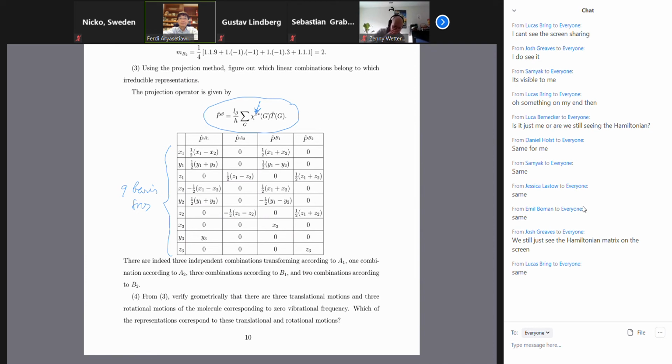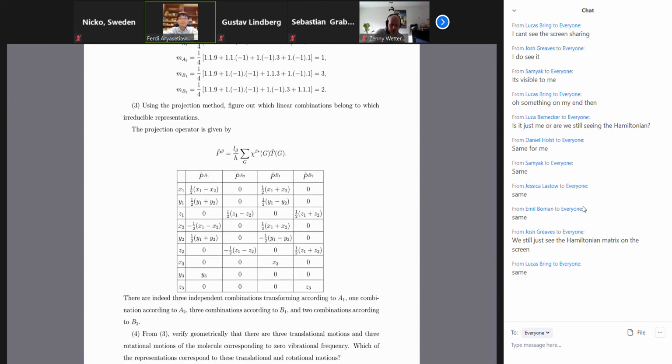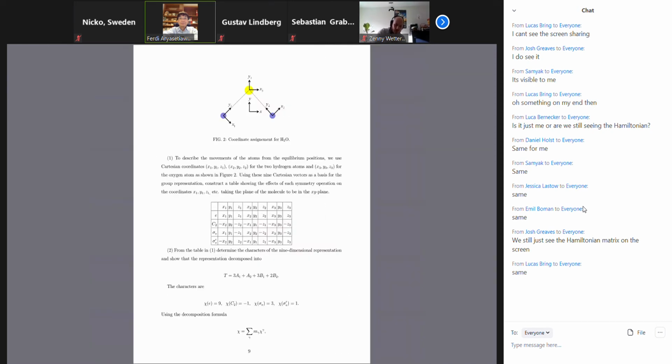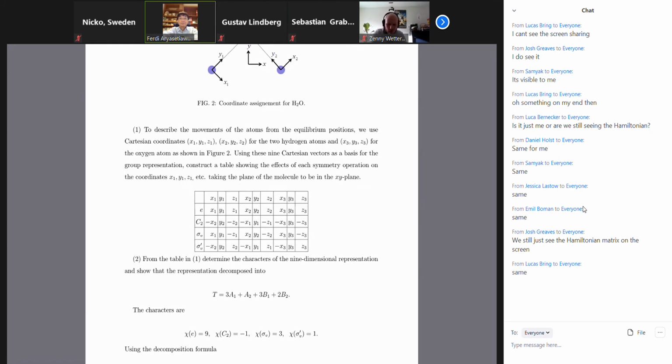So we look at this. See, so we use this table here to calculate the result of projecting onto a particular irreducible representation.